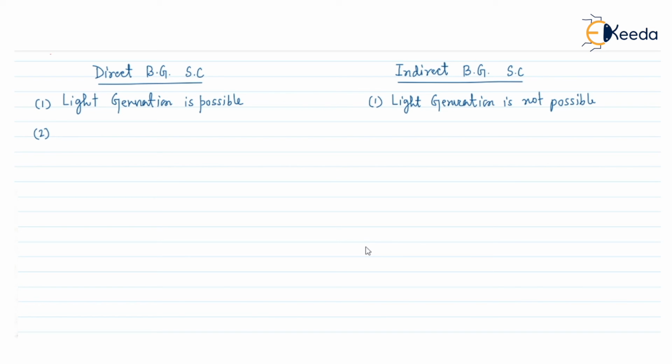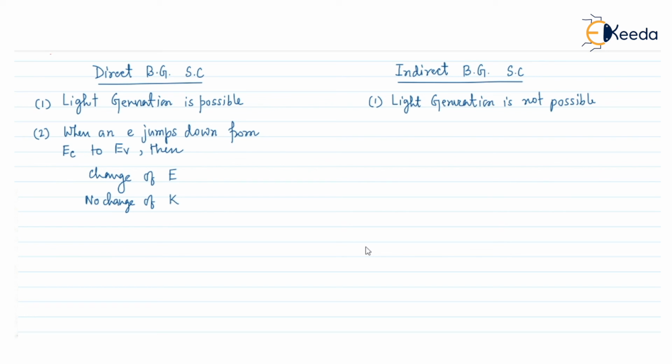Second, when an electron jumps down from the conduction band minima, that is Ec, to the valence band maxima, that is Ev, there will be a change of energy, but no change of wave vector, or we can say momentum.